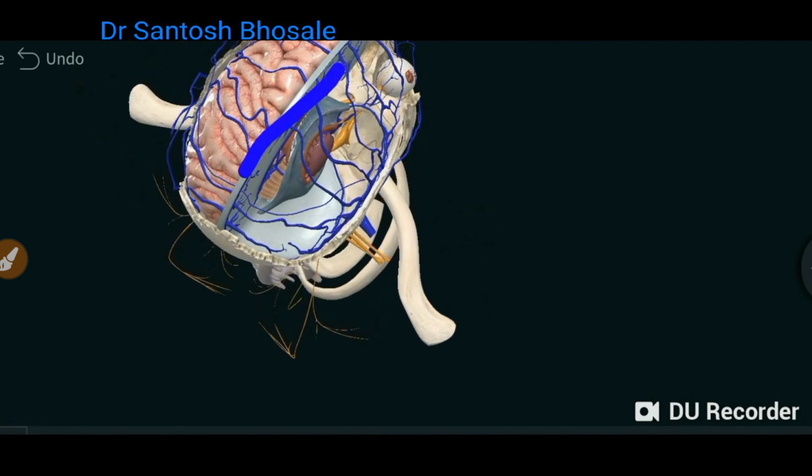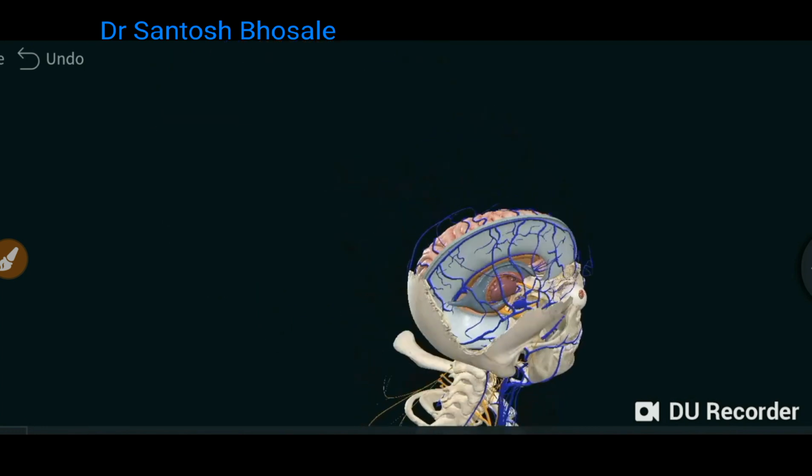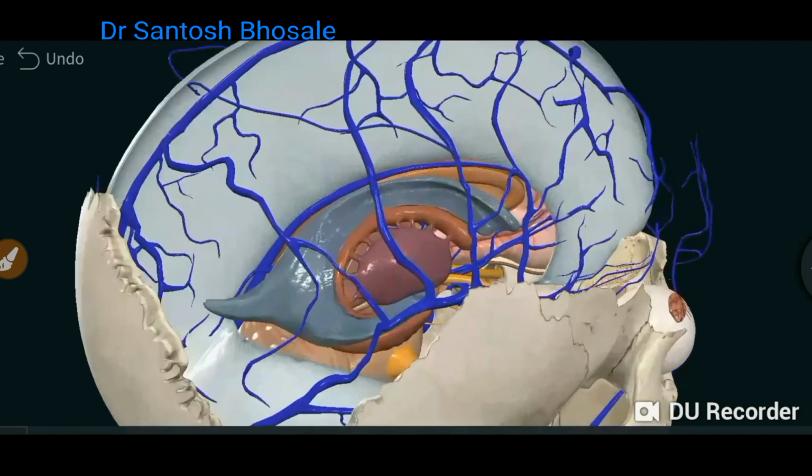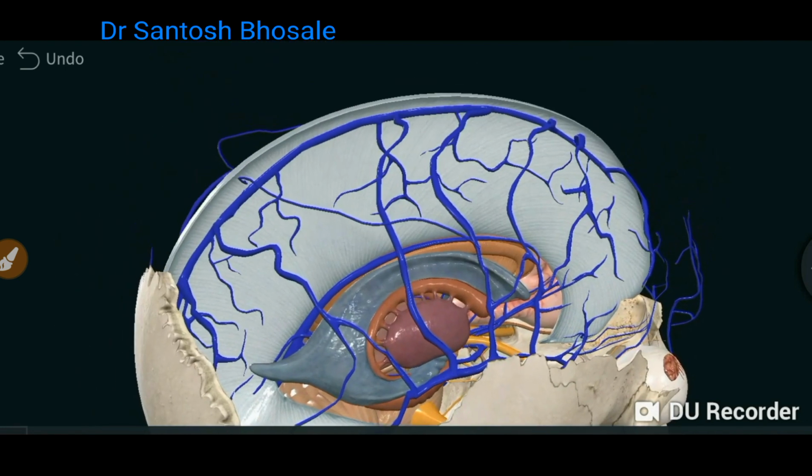You can make out how that is falx cerebri, and this is how superior sagittal sinus will continue as right transverse sinus. Transverse will continue as sigmoid, and again you are seeing this right lateral view here.